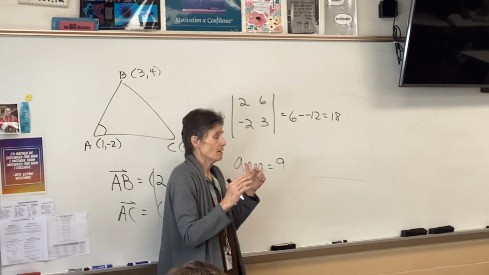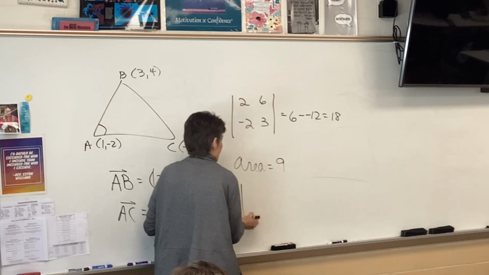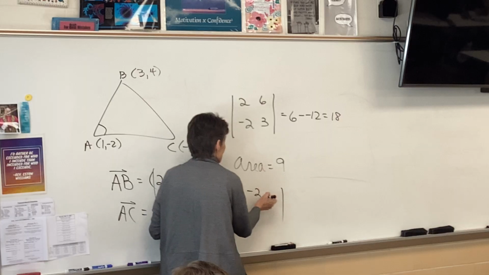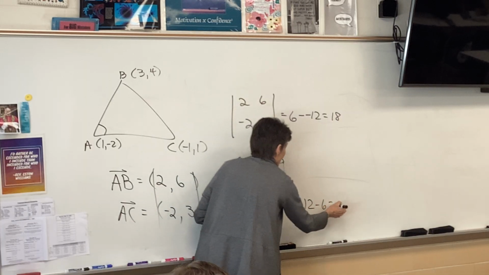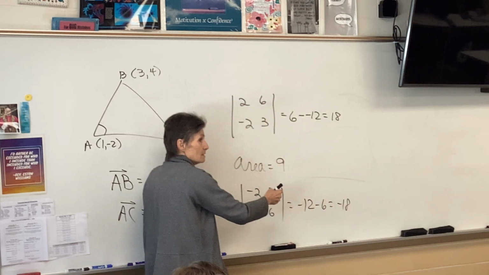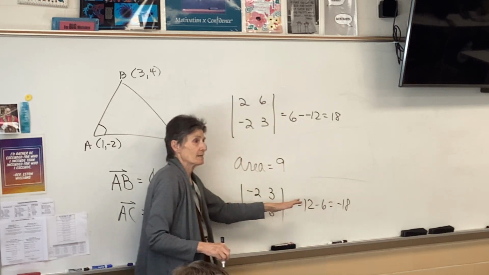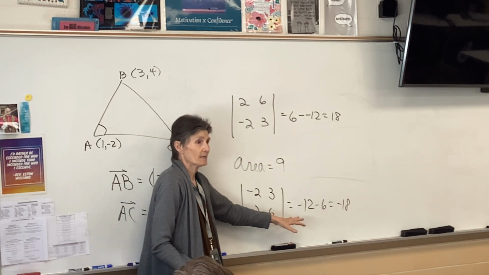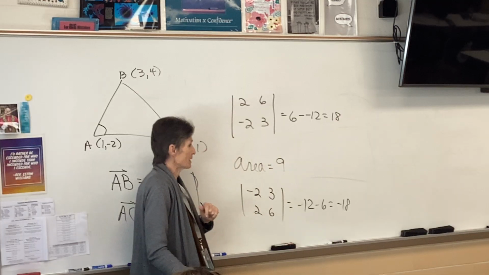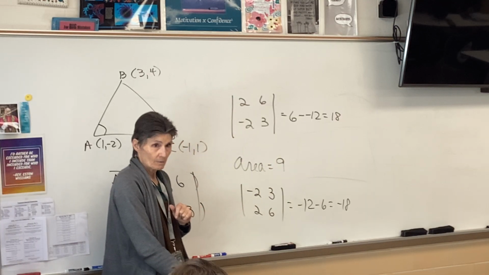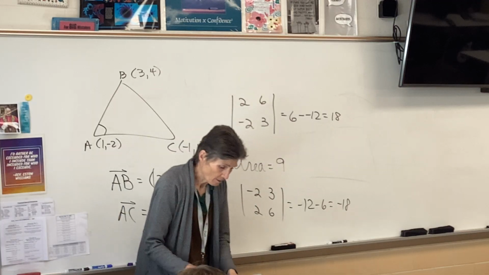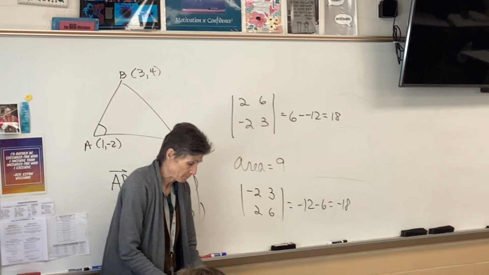For example, if I did AC first, I'd get -18. So the area is still 9. If your determinant turns out negative, just drop the negative and make it positive. Okay?